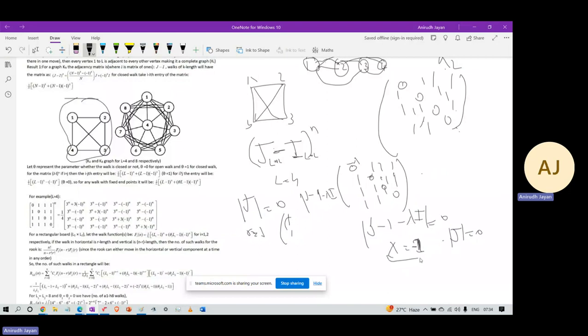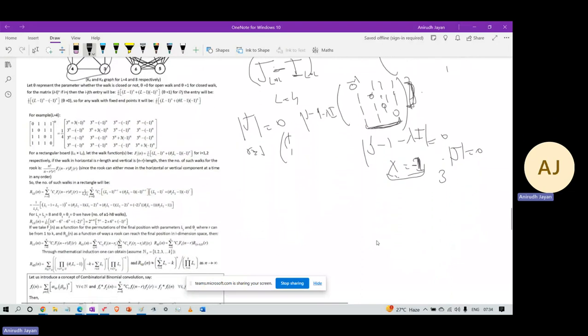So we have one of the eigenvalues as -1 with a multiplicity of 3, since 3 rows are repeating in the matrix of 1s, and 1 1 1 1 is the distinct row. Therefore, -1 has a multiplicity of 3.